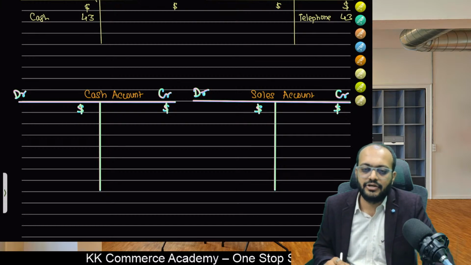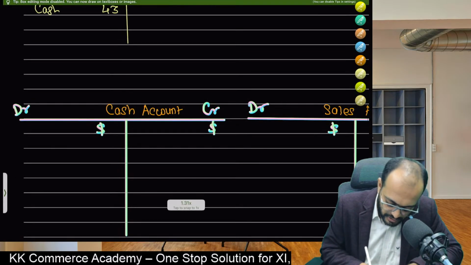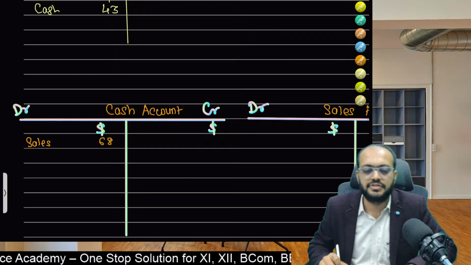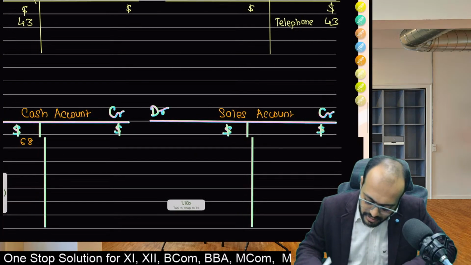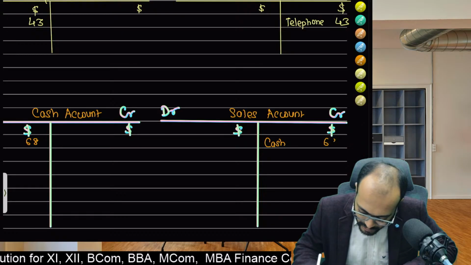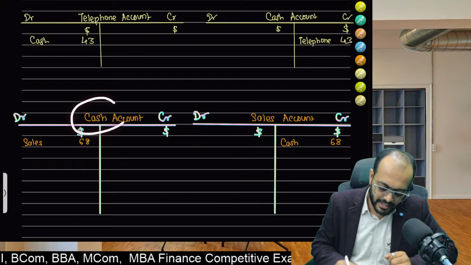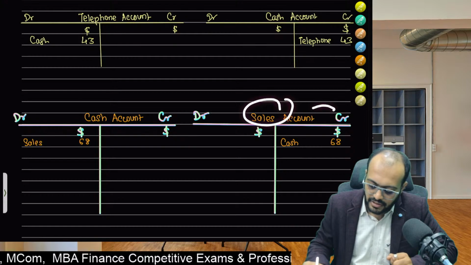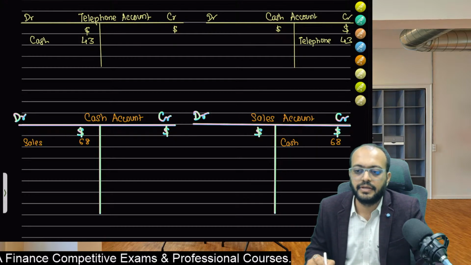So on the debit side of cash, we write the name of the sales account, $68. Since sales is our income, it should be credited. So on the credit side of sales, we use cash, $68. Cash is debited, and we write the name of the account credited, which is sales. On the credit side we write the name of the account which is debited.